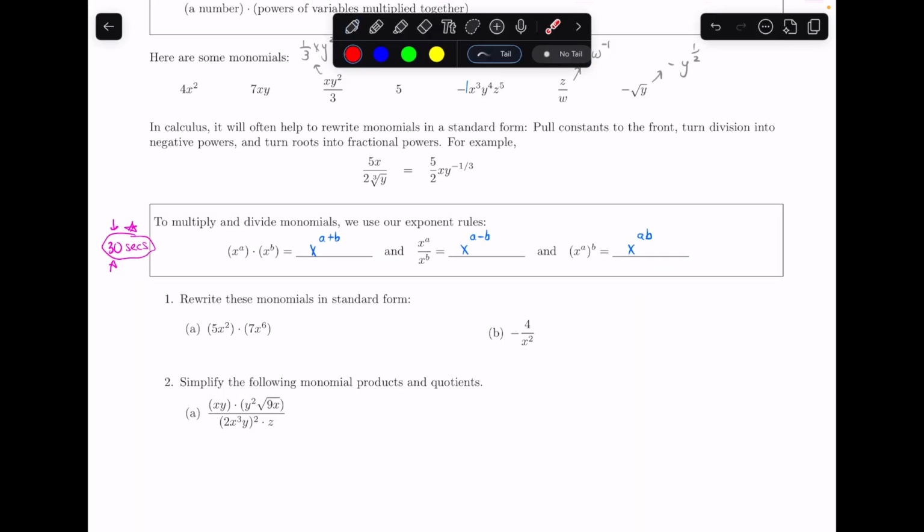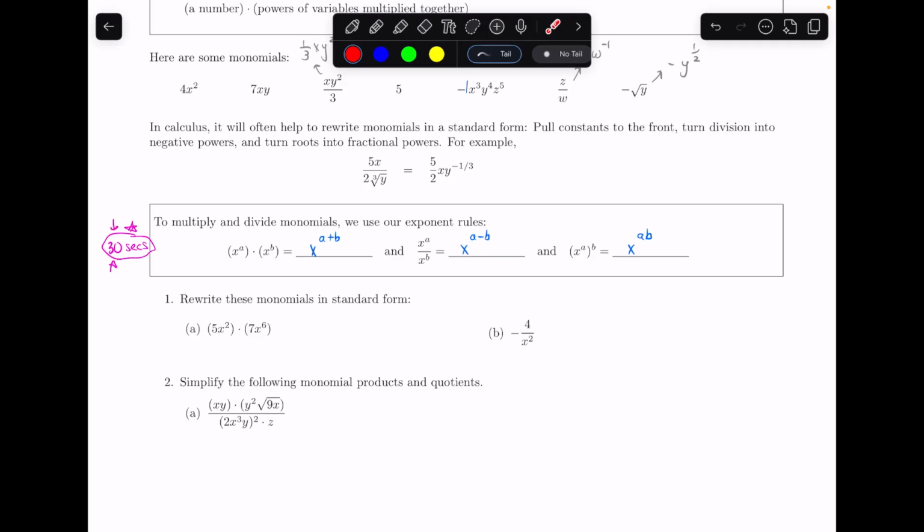First, I want to rewrite these monomials in standard form. So in a, I'm multiplying these two things together. And I notice within the parentheses, I have this multiplying this, and then I have this multiplying this. So overall, there's 4 things that are getting multiplied. And when I'm multiplying a bunch of things, it doesn't matter what order I do the multiplication in.